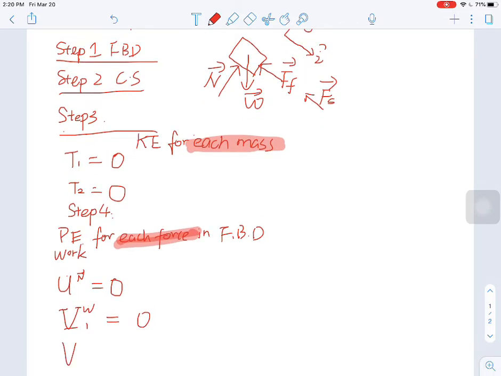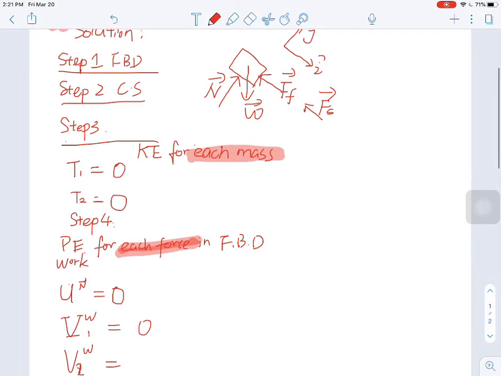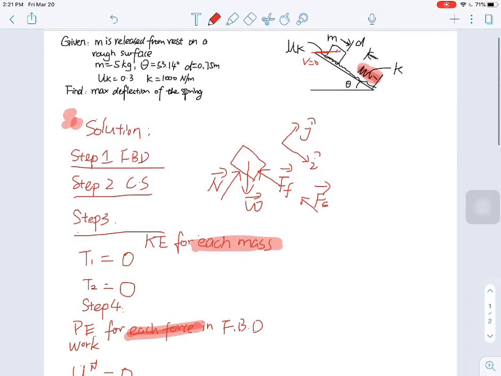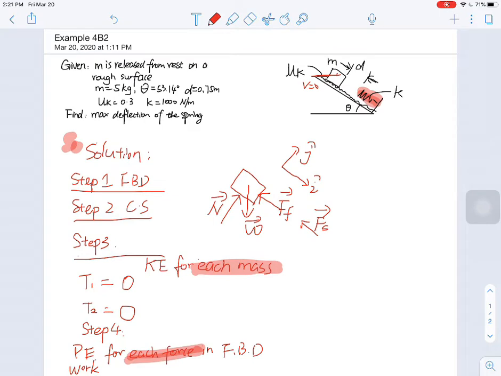Then, because the weight force is a conservative force, its potential energy depends on both endpoints, right? So at position 2, what does the potential energy from the weight force equal? When the block moves downwards to hit the spring, it has a displacement in height.